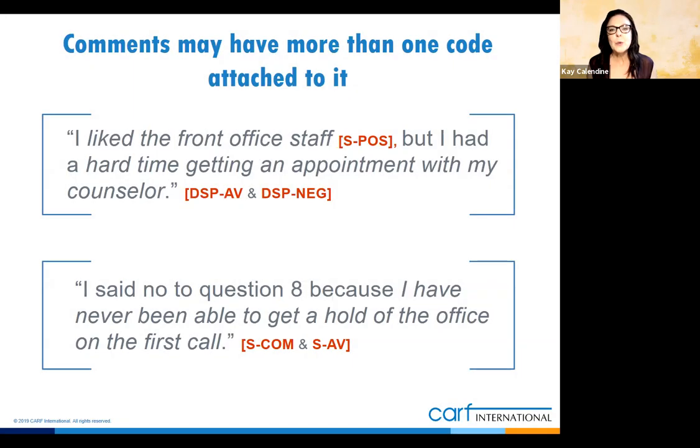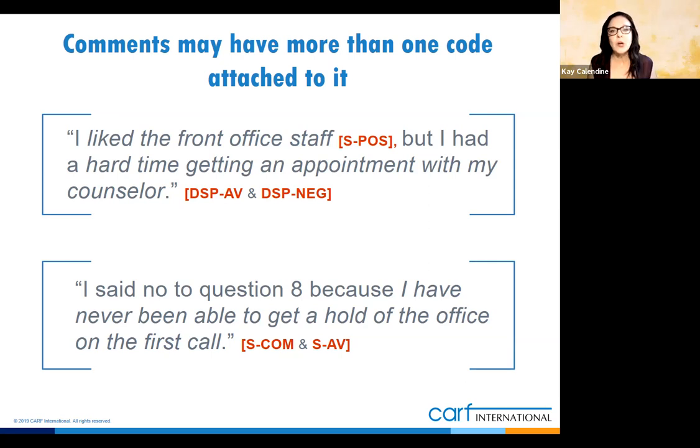Okay? So as I said, comments may have more than one code attached to it. So I've got two sentences that I completely made up, to give you an idea. In the first one, there's two different sections, right? So I liked the front office staff, okay? We would code that as staff positive, right? That's a positive comment. It doesn't necessarily say, I like their communication, so we wouldn't also add that, but if they had said that, we could.